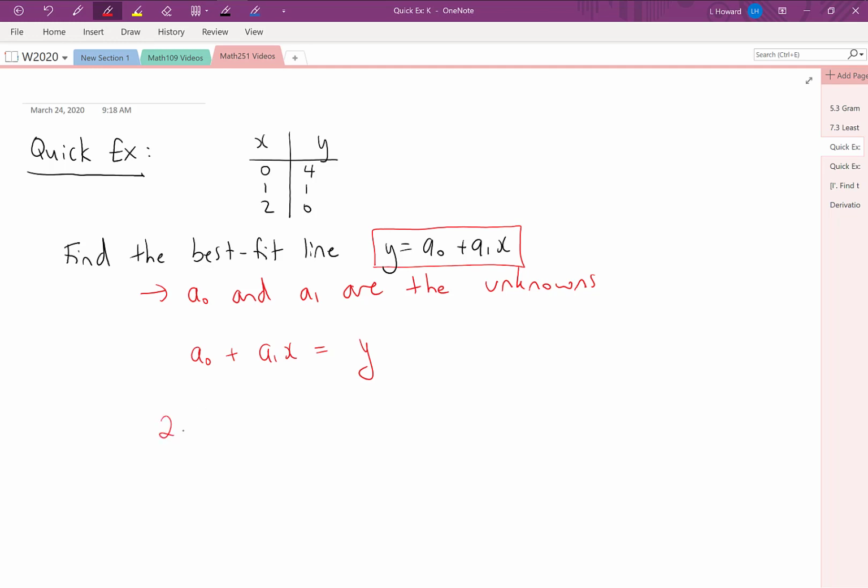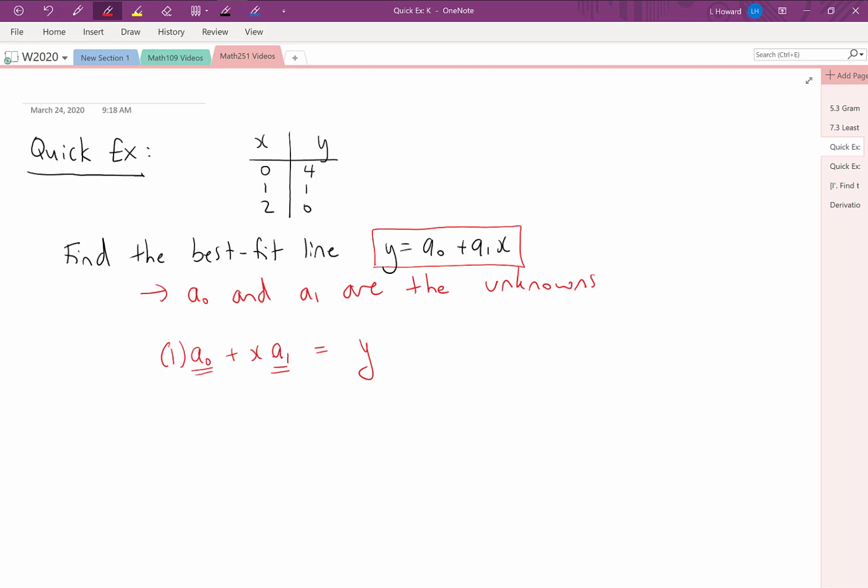We're used to writing something like 2 times x. Pretty weird to write something like x times 2. So we should actually write this as 1 times a0 plus x times a1, because a0 and a1 are the variables, whereas 1 and x are actually going to be the coefficients.